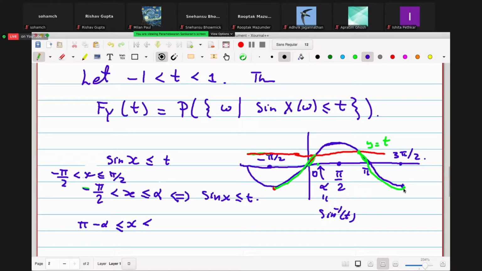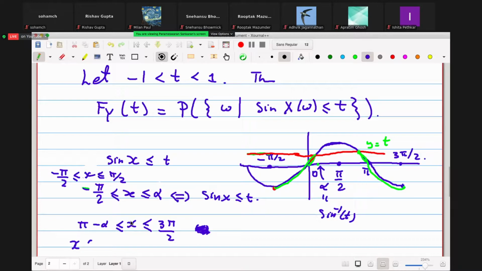I'm allowing equality here also. Okay, and this goes up to this point, which is 3 pi by 2. Okay, 3 pi by 2. For this also, sin x less than or equal to t if and only if x is in this interval.